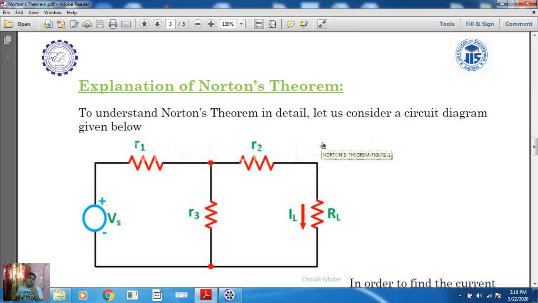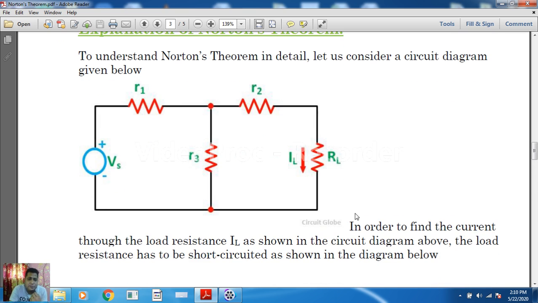Now the explanation, coming to Norton's theorem. For understanding Norton's theorem, as in Thevenin's, I have taken a simple circuit, here also I have taken a simple circuit. Just follow how this theorem is different from Thevenin's one.